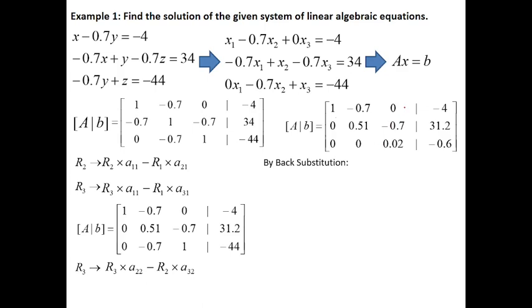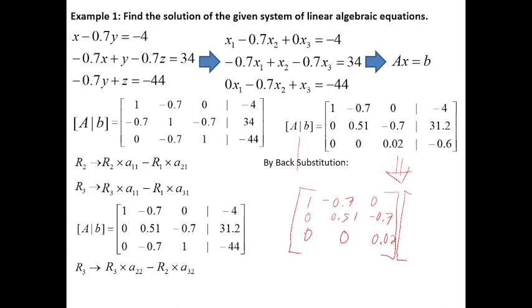So the interpretation of this, we can interpret it as the matrix with rows 1, negative 0.7, 0; 0, 0.51, negative 0.7; followed by 0, 0, 0.02, multiplied by, okay, we remove now the separator symbol.